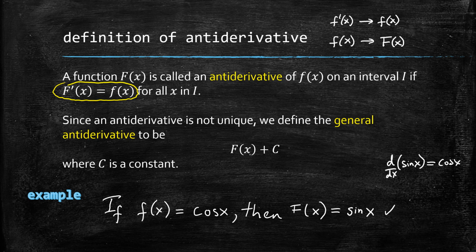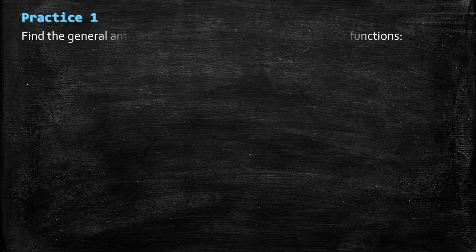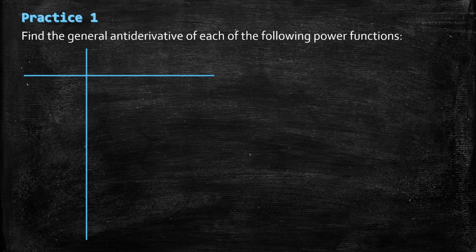All right, so let's practice finding a general antiderivative of some power functions. In doing this, we should be able to derive a general formula for finding antiderivatives of power functions. And since this is ready to derive, this is what we love doing best. So here's the function, and this column is going to represent the antiderivative.